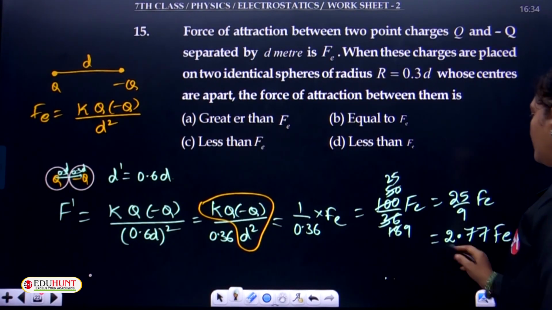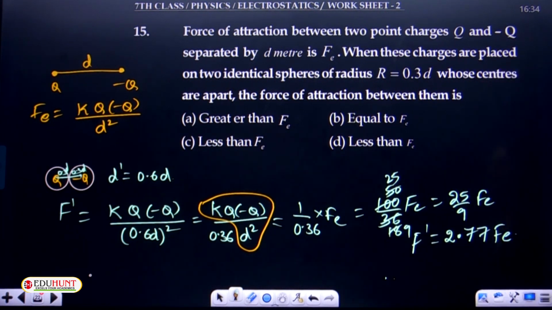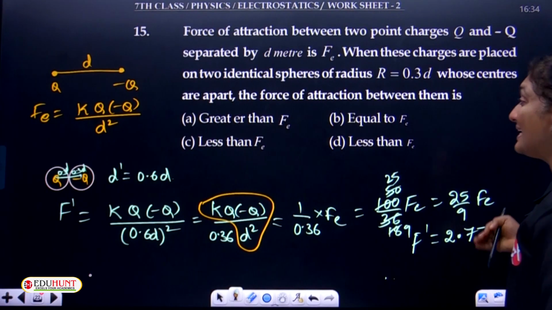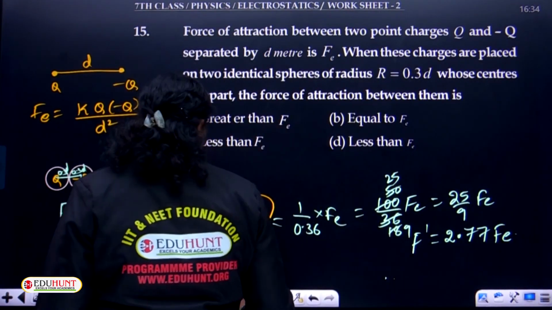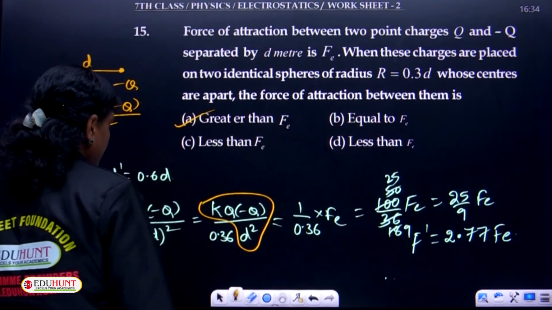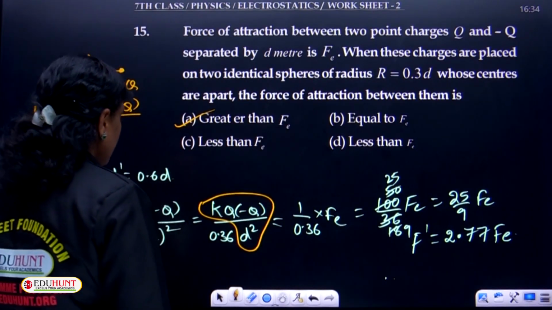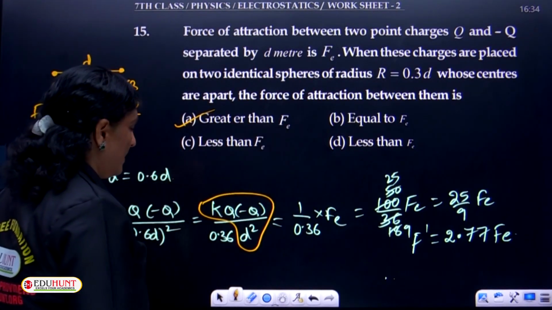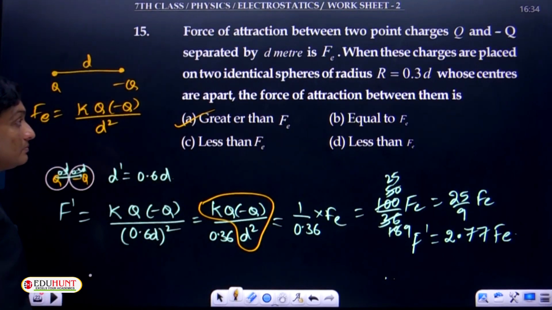So clearly the new force F dash is found to be 2.77 times Fe. That means it is increased, so clearly its value is greater than the previous value Fe. Hence the option must be option A, that is greater than the value Fe. Hence the first option must be true.